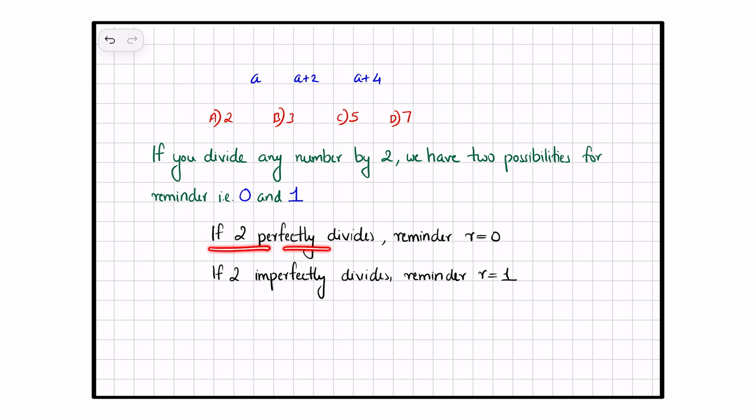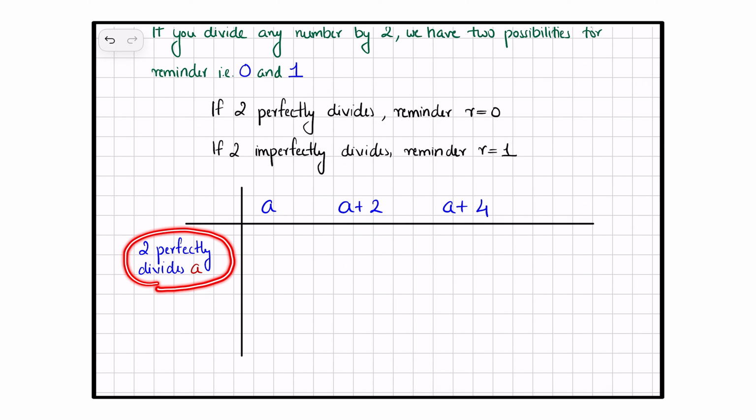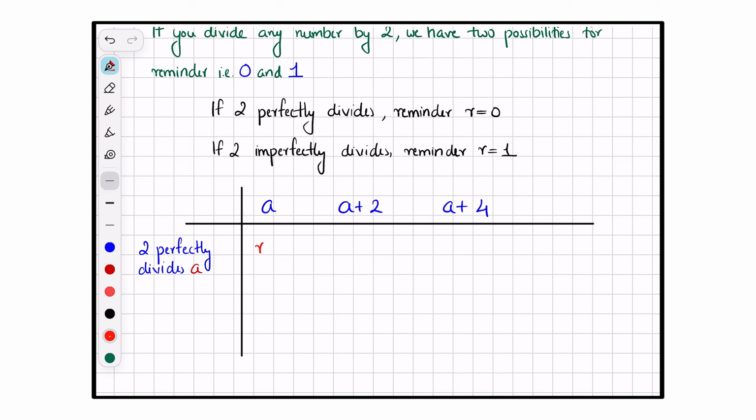If 2 perfectly divides a number, the remainder will be 0, right? And if 2 imperfectly divides a number, that means the number is an odd number, then the remainder will be 1. First, let us look at the case when 2 perfectly divides a. Then what will be the remainder in each of the scenarios? If 2 perfectly divides a, then the remainder for the given number a will become 0.